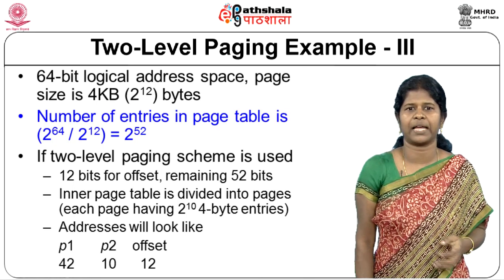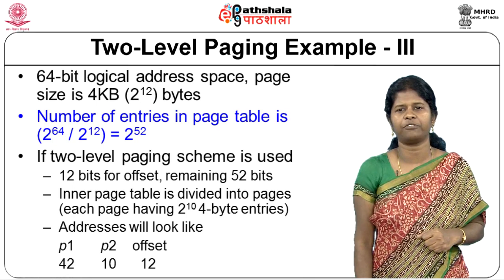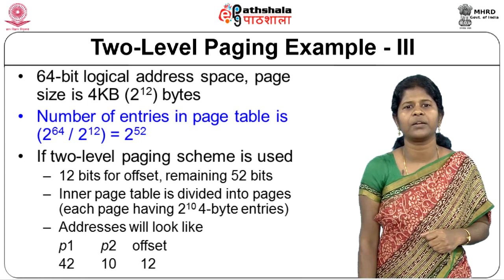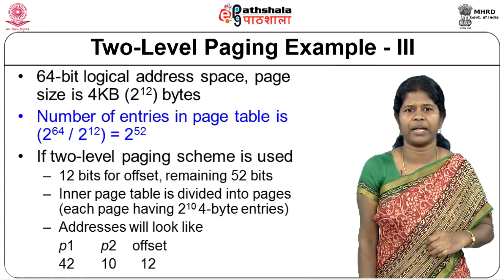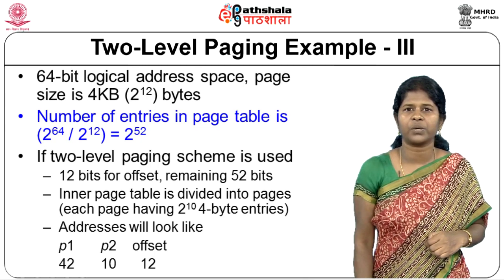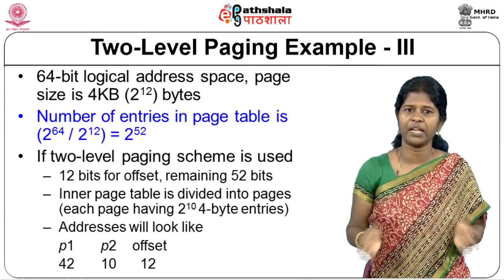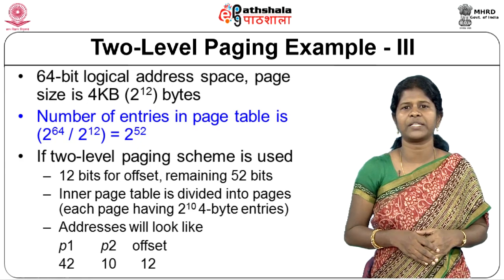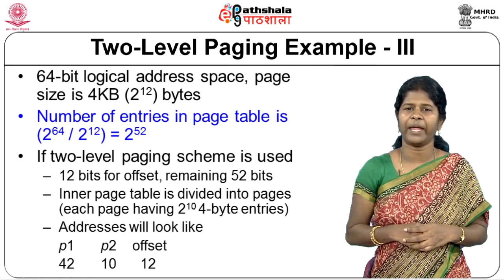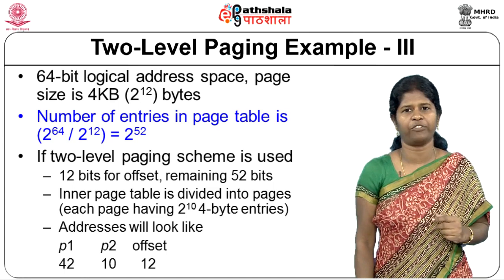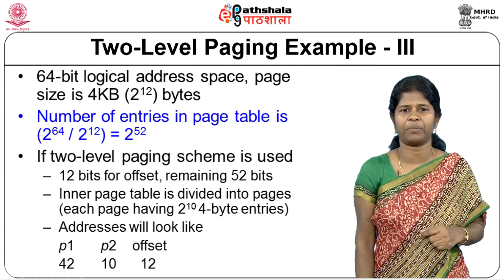We will see another example for multi-level paging, where you have a 64-bit logical address space. The logical address space is very large here: 2 power 64 is its size. The page size here again is only 4 kilobytes, that is 2 power 12 bytes.